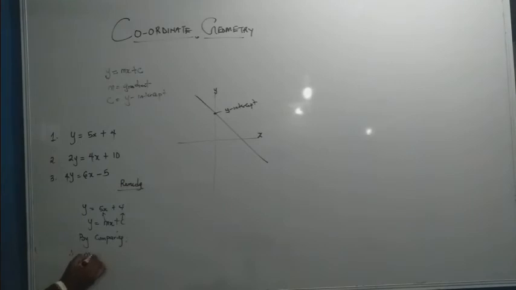Therefore, our m is equals to 5, and our c is equals to 4. That's if we are asked to find the gradient and the y-intercept. So this is how to get your gradient when we are given an equation. The m represents the gradient, that means your m is equals to 5, then your c is equals to plus 4. So this is the solution to question 1.